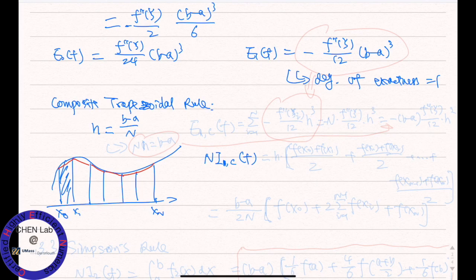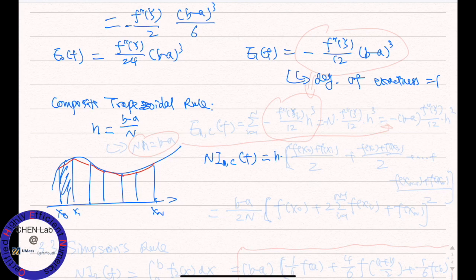You do the same thing as we did above. The first trapezoid is x1 minus x0 times the average of f of x1 and f of x0, and they all have size h.